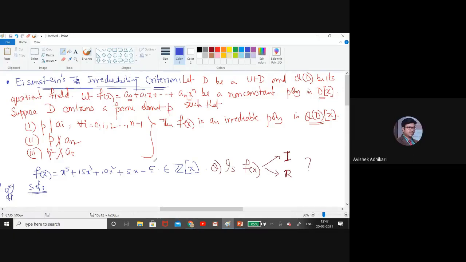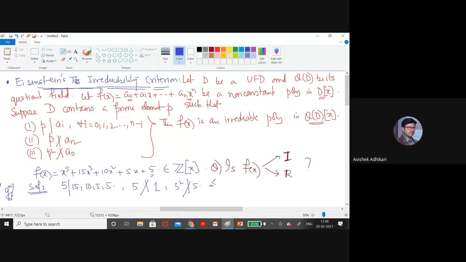So 5 is a prime element in Z, no doubt. And 5 divides a0, a1, ..., a n minus 1. So 5 divides, say, 15, 10, 5, 5. 5 does not divide 1, right? And 5 square does not divide a0, which is 5.